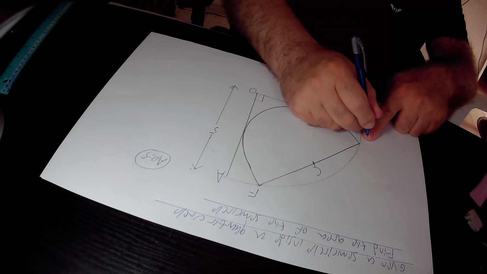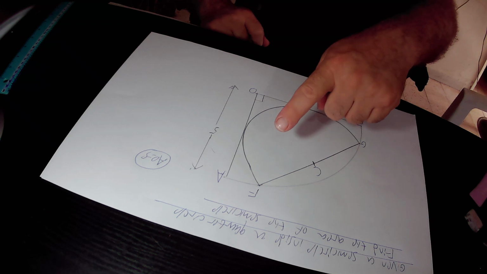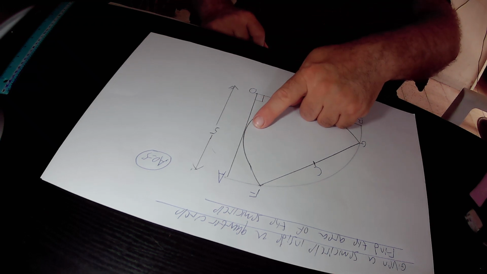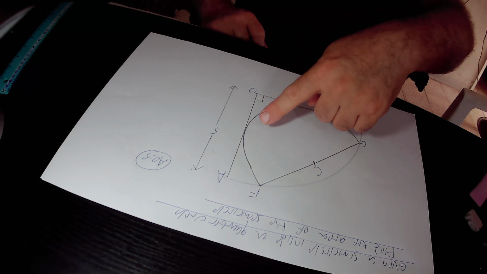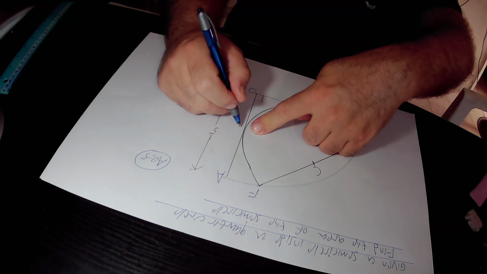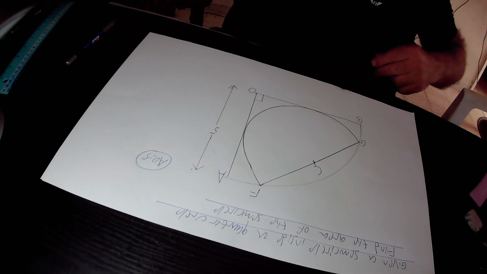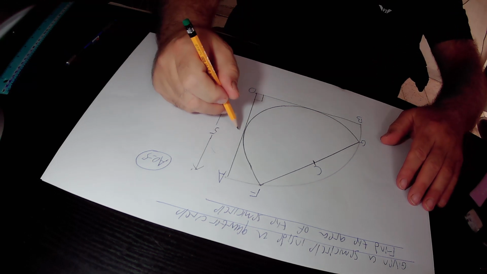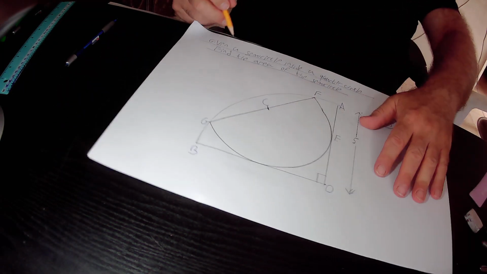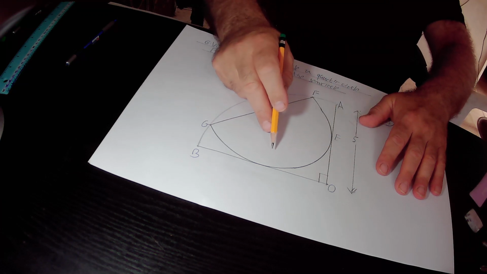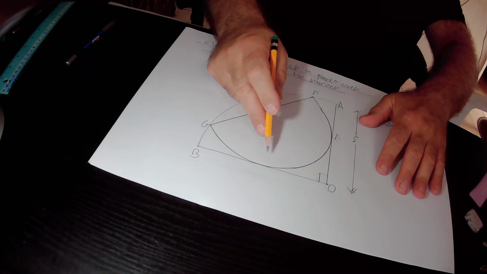This point is point G. We will define the point of tangency of tangent AO with this semicircle. This point is point E. And finally, we define the point of tangency of tangent BO with this semicircle. This point is point L.